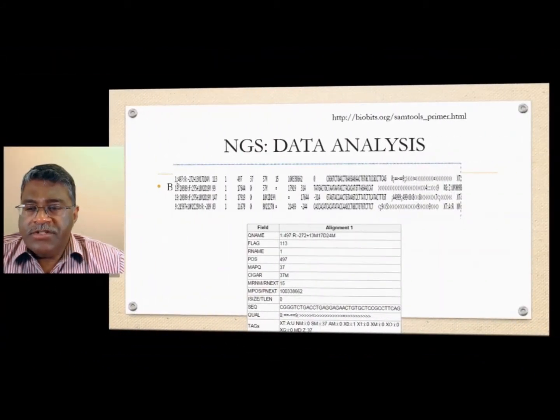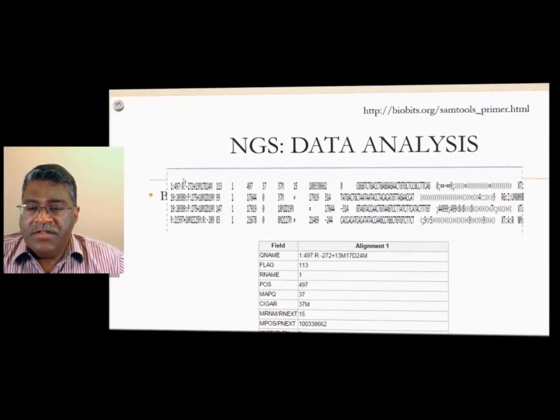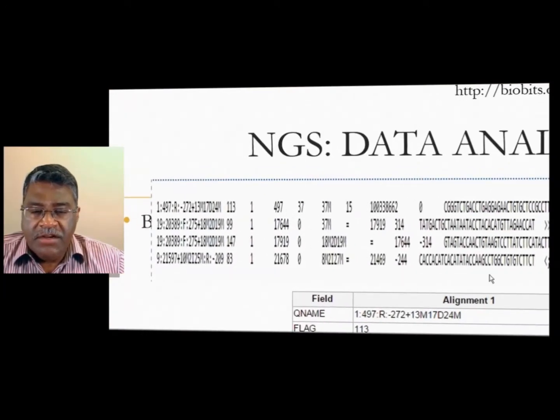So we are going to look at some aspects of this, not all, but some that are crucial. For example, if you look at the first field here, and the first line here, each of these is explained here. And for some of these, you can look at this resource, and it gives a better explanation.